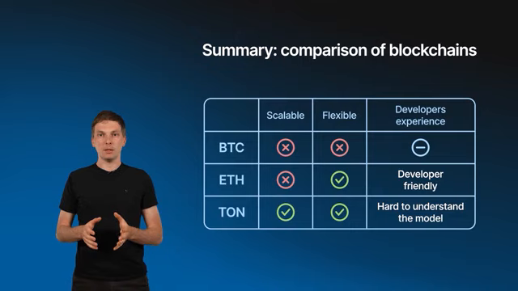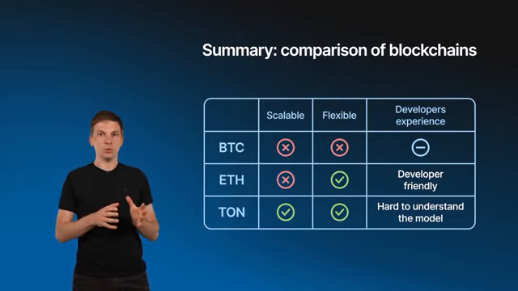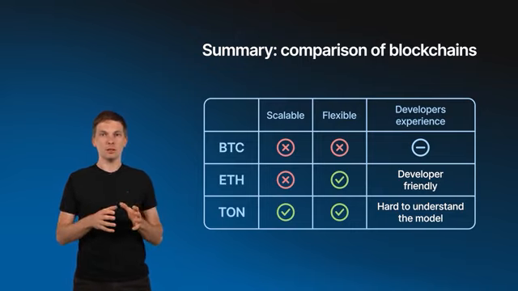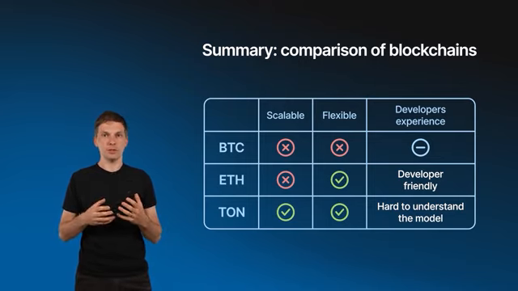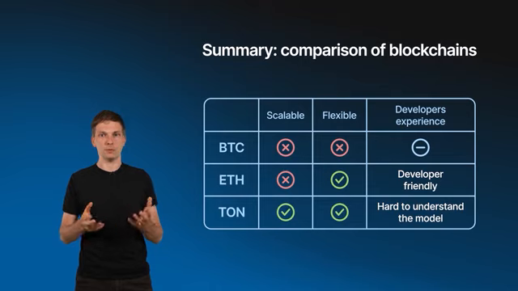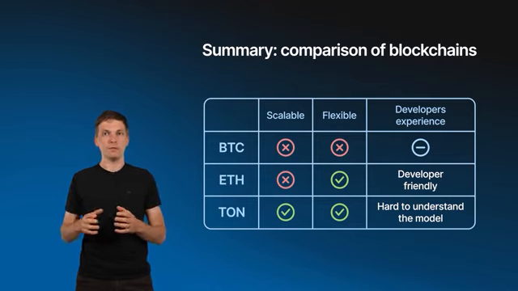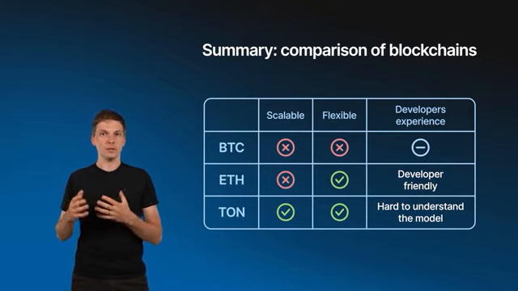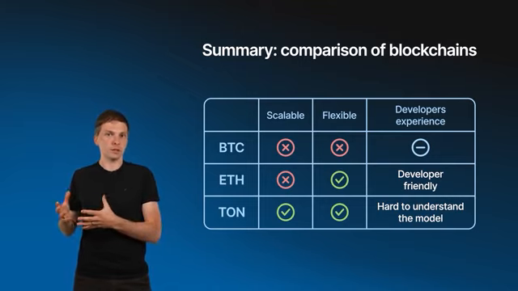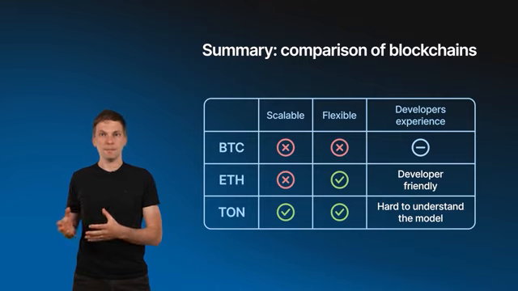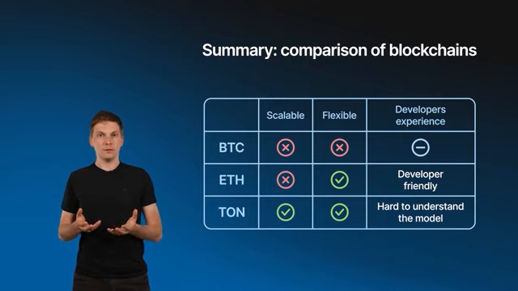So to sum it up, the Bitcoin approach is not quite scalable, but it's also not very flexible, so its scalability properties don't really hurt people, and it can work for millions of people. While Ethereum is definitely way more flexible and very friendly to developers, but this comes at a cost of non-scalable architecture. TON takes a different approach.